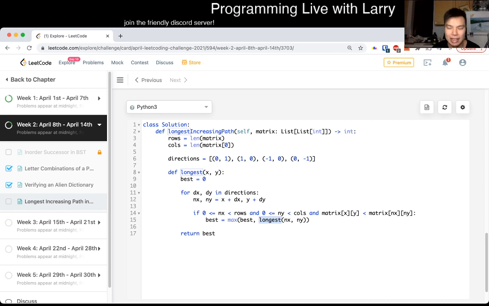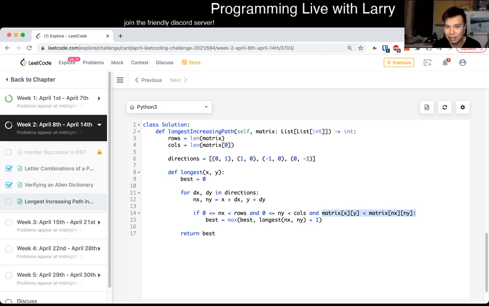Oops, I messed up, this is plus 1. What is the longest path at a given cell? The longest path starting from this cell is just equal to the longest path of its neighbor, assuming it is going in increasing order, plus 1. That's basically the idea here.